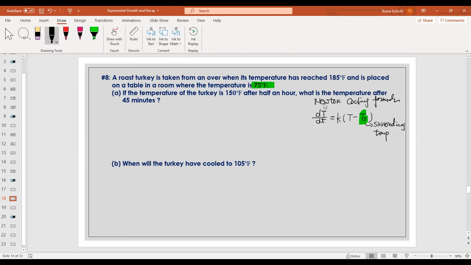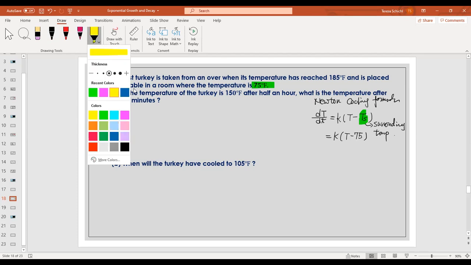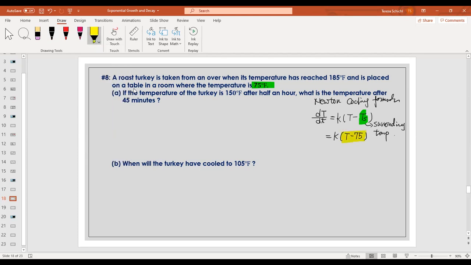So for this problem we can write k times (T minus 75), right? Now, if you let y equal T minus 75, then dT/dt changes to dy/dt, and this will be equal to ky.